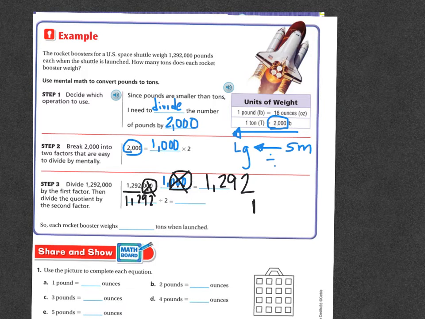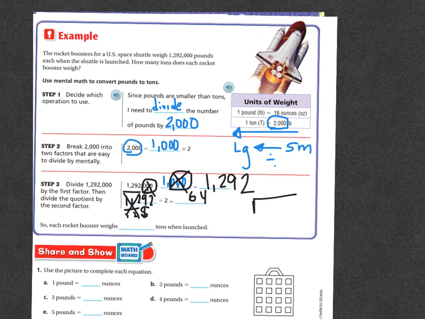Without even drawing or rearranging the numbers, I'm going to do it just like this. Can 2 go into 1? No. Can 2 go into 12? Yes. How many times? 6. 6 times 2 is 12, so that cancels that out. Bring it on down. 2 can go into 9 how many times? 4.